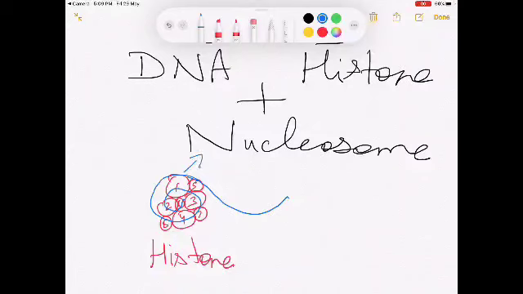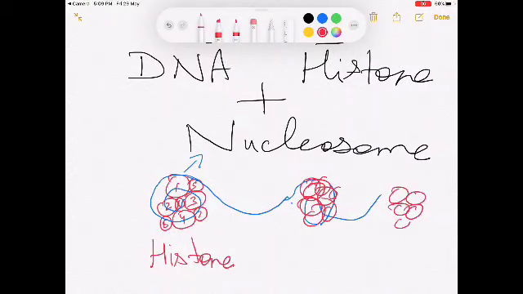Then again this DNA will be overlapping at one part, and histone proteins will be there, 8 histone proteins, then again 8 histone proteins. So millions of nucleosomes are formed.